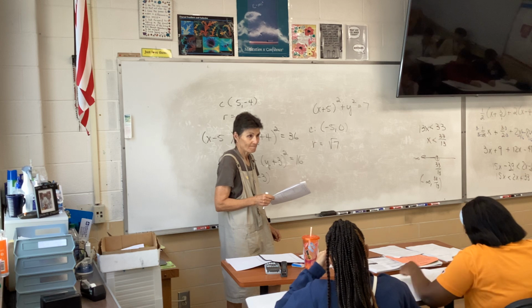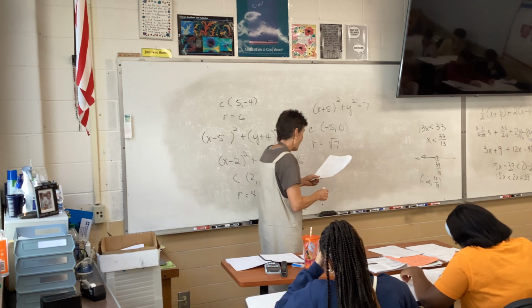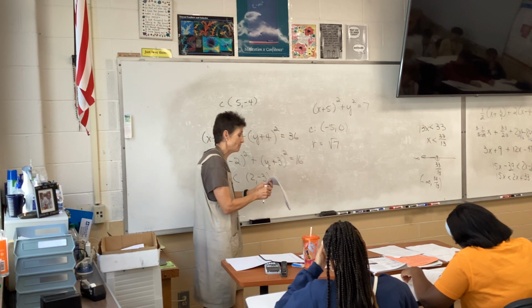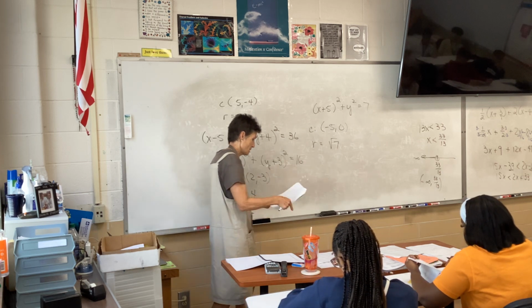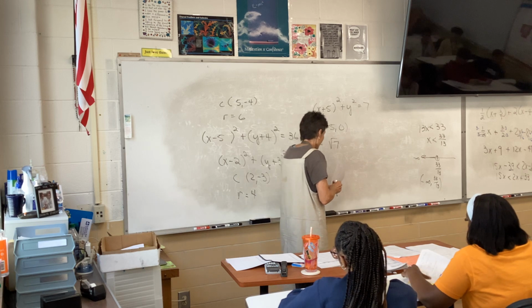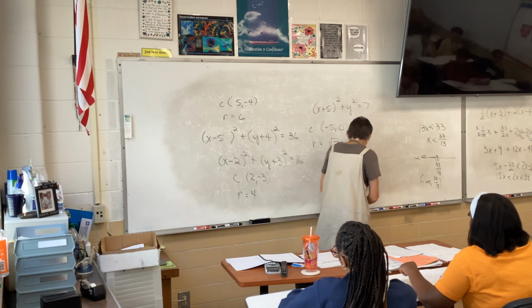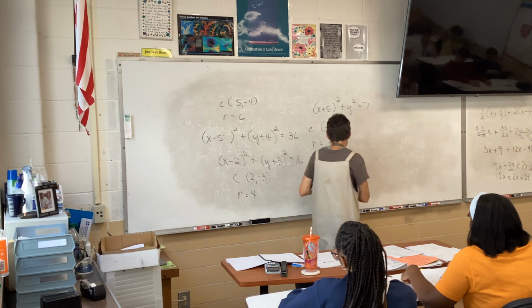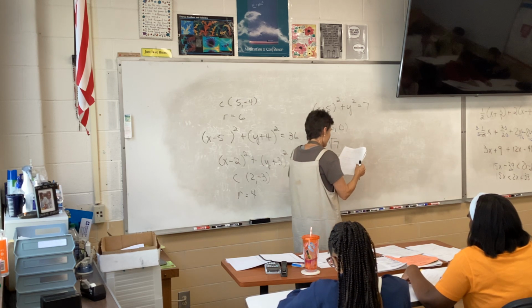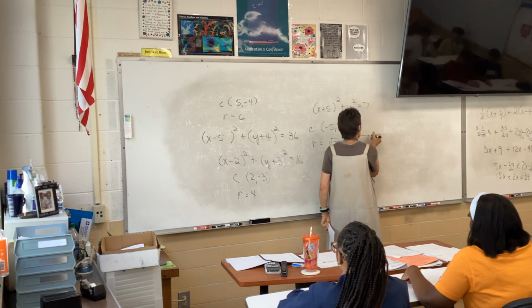All right? Okay. Now, we're going to write using absolute value. Now, this is a little bit different, but I think we can figure it out together. Let's just look at a number line for a second.